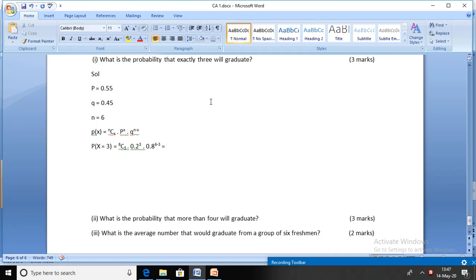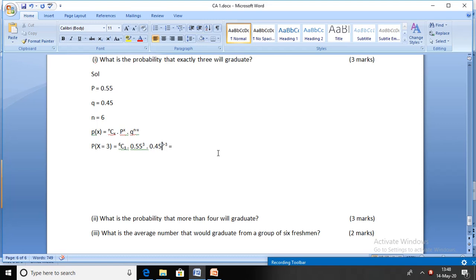So tap that in the calculator. 6 combination 3 multiplied by 0.2 to the power 3. The probability is different. Sorry about that. The probability is not 0.2. The probability in this case is 0.55. And so Q is 0.45. My mistake on that one.